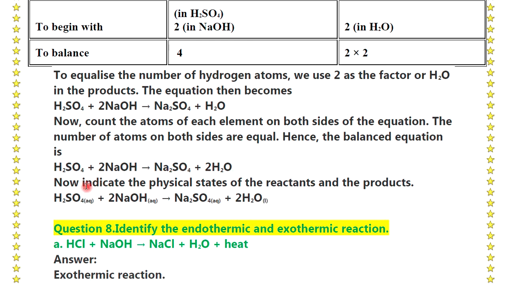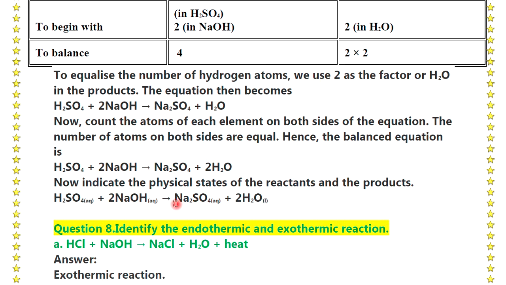Now indicate the physical states of the reactants and products. H2SO4 is in the aqueous state, plus 2NaOH, which is also in the aqueous state. This symbol denotes the aqueous state.